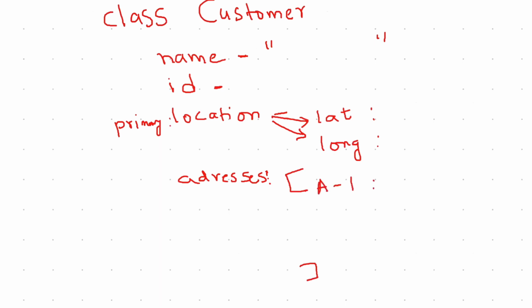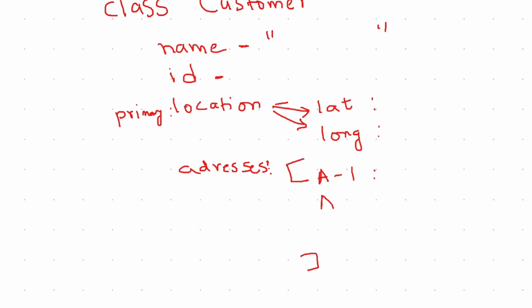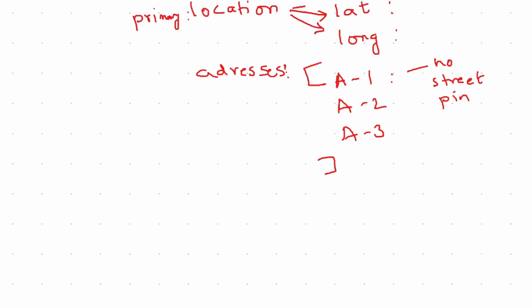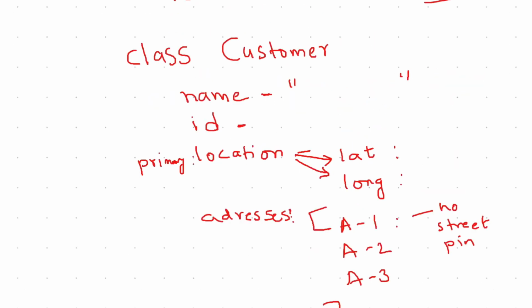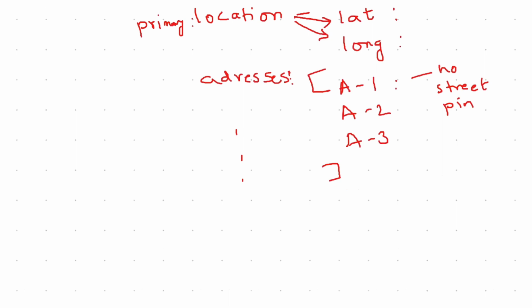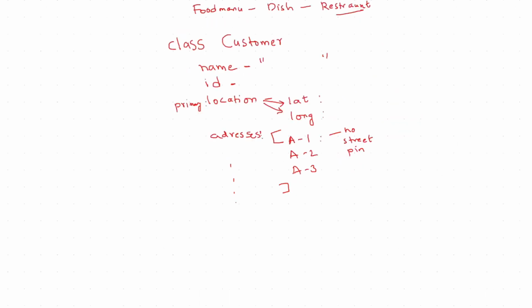We will come to the syntaxes, don't worry. So address number 2, address number 3. And each and every address will have number, street, pin code, whatever. Likewise, you'll have multiple other parameters. What are the parameters that this customer could have?